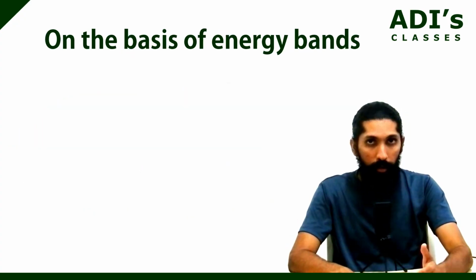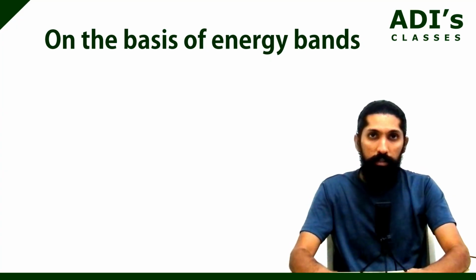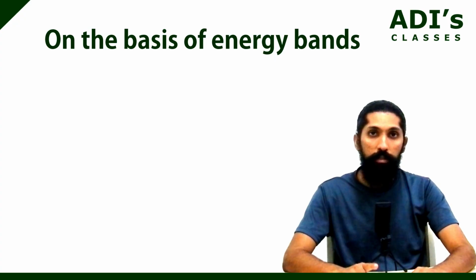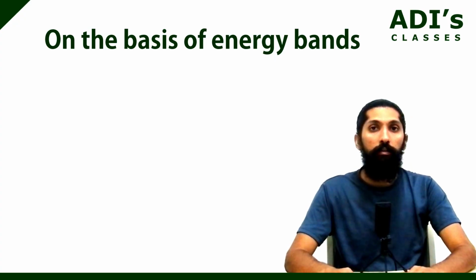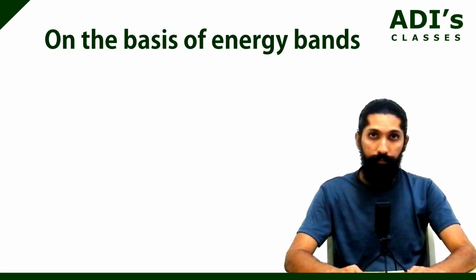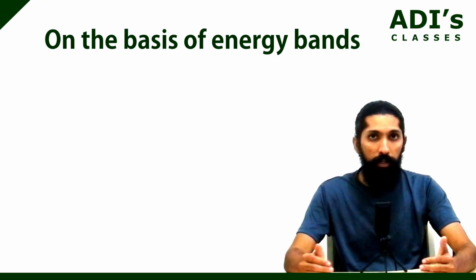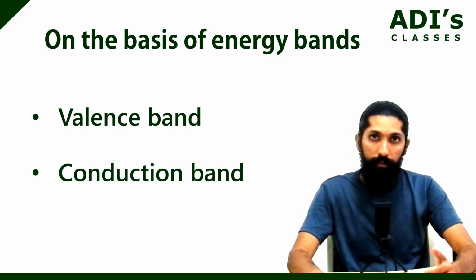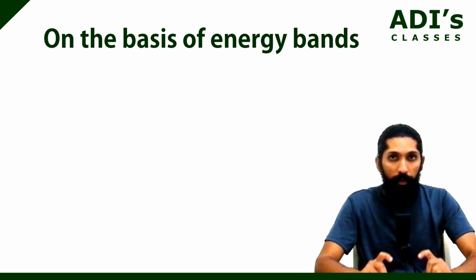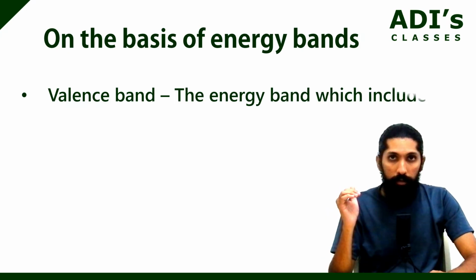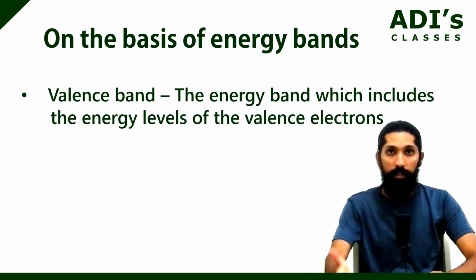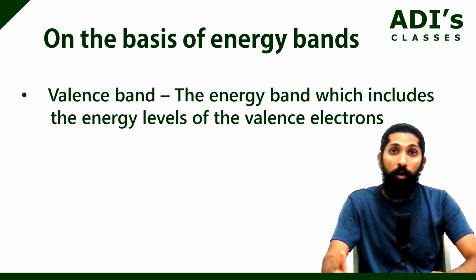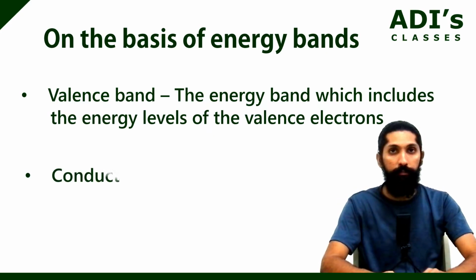Now, when we talk about energy bands, there are energy levels, and there are two important parts here. One is called the valence band, the second is called the conduction band. These two are extremely important for any conductivity. The material starts to conduct electricity only if the electrons jump to, or are in, the conduction band.